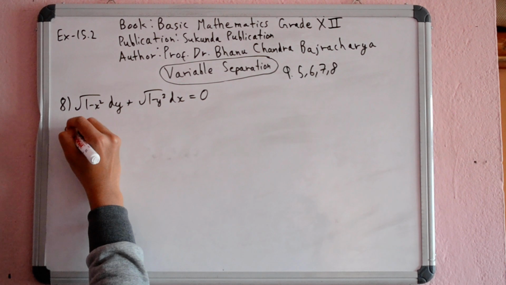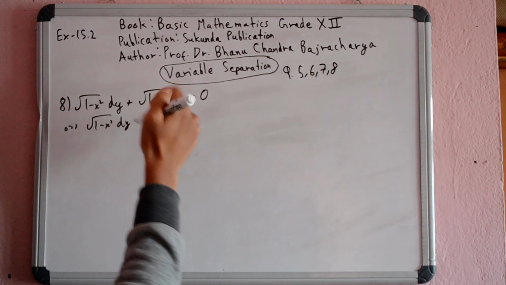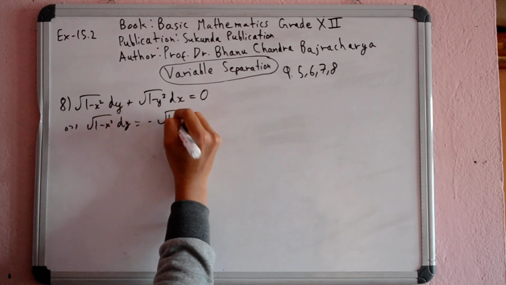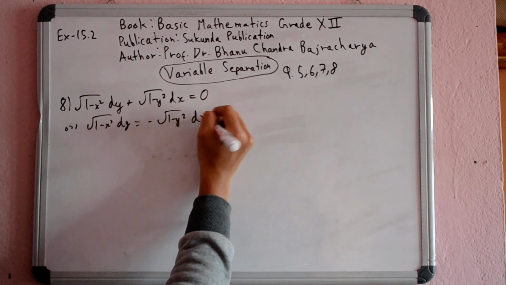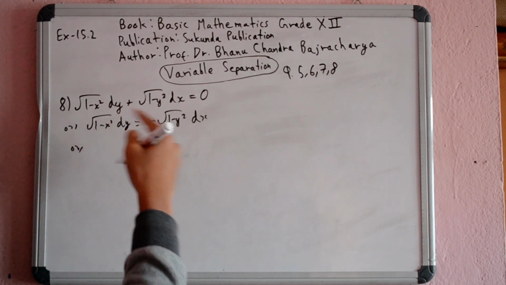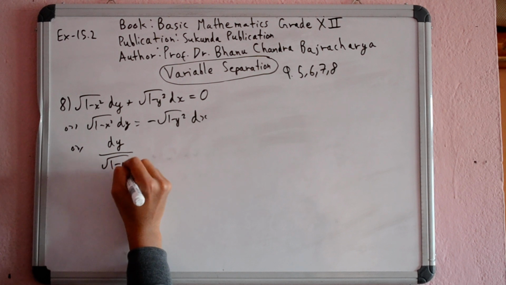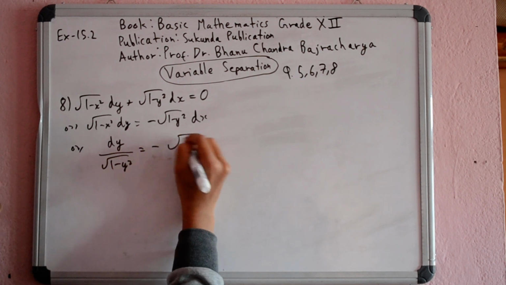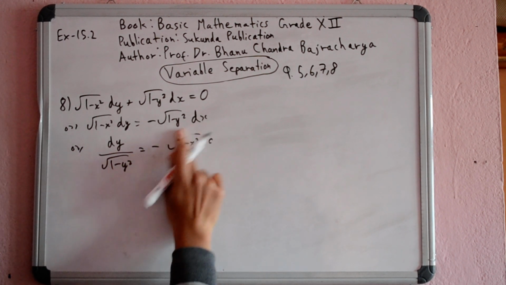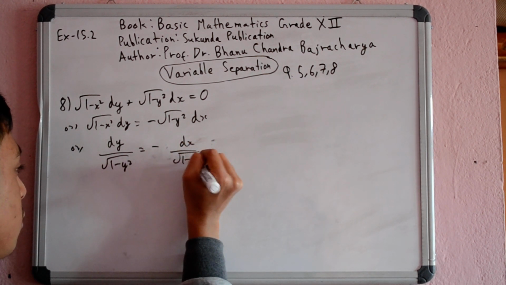Now, for the first step, I'll just move this term to the right hand side, minus this part, and now let's separate the y's and x's. So this becomes dy by root 1 minus y squared equals minus dx by root 1 minus x squared.